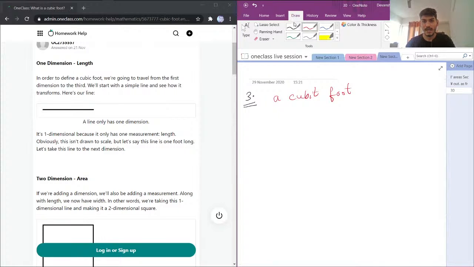I generally call it feet. So we draw, let's say this is 1 foot, and this is a simple line from A to B, a 1D representation of a 1D figure.